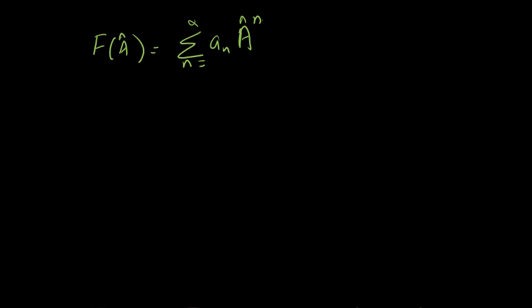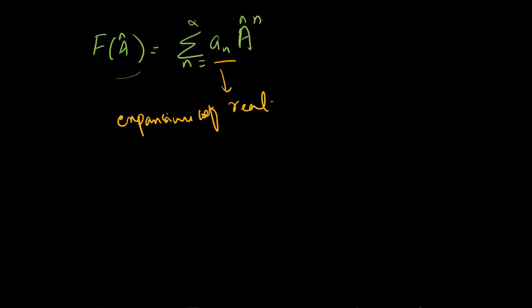It will be Hermitian only and only if the expansion coefficient is a real one. So in the form of a Taylor series, the condition for this function operator to be Hermitian is that the expansion coefficient should be real.